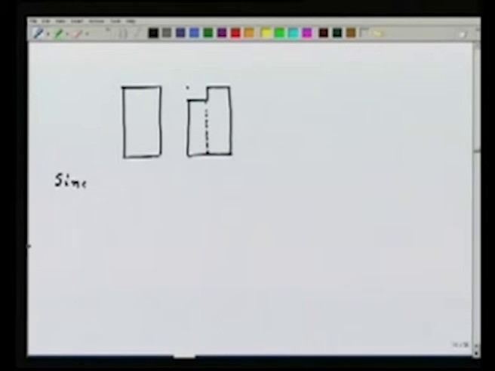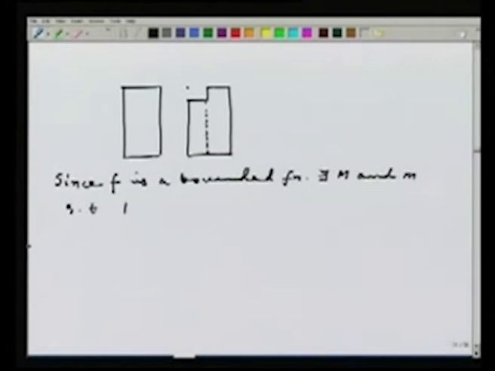Now let us notice the following thing, that since I have assumed f to be bounded, since f is a bounded function, there exist capital M and little m such that capital M is bigger than or equal to f(x), which is bigger than or equal to little m.